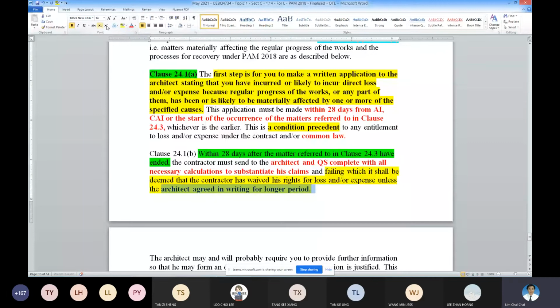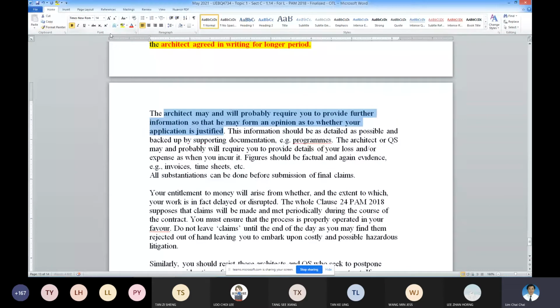So in the event the architect needs further information, then you have to provide. But please remember, architect cannot keep on making requests on this item to delay evaluation. Okay, must be fair. You can ask, but there must be genuine situation and not playing for time. Each time when the time is due already, so you haven't evaluated, then something is sent out to the contractor for something that is so-called missing. Okay, so then you got another time again already.